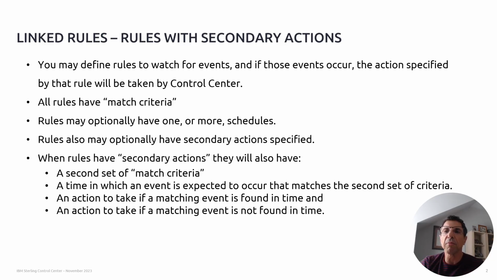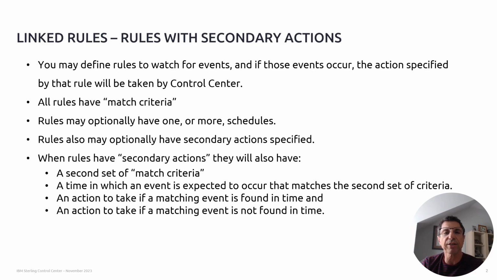Now know that rules may optionally have a schedule, one or more, that tell the rule service when those rules are supposed to be in effect or not in effect. They may also optionally have what's called a secondary action defined. And if they have a secondary action defined, that by definition makes them a linked rule.